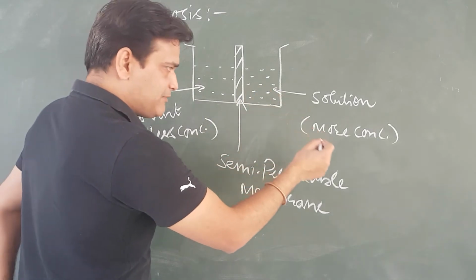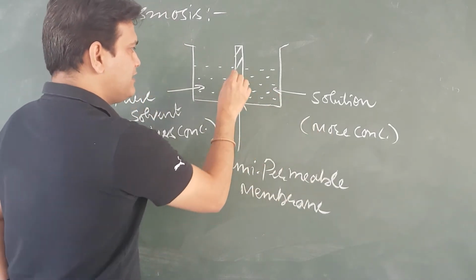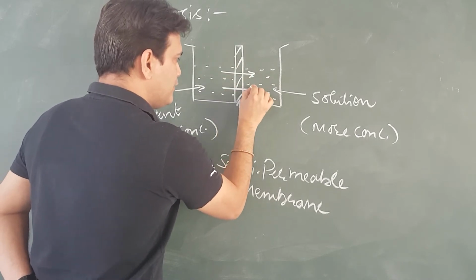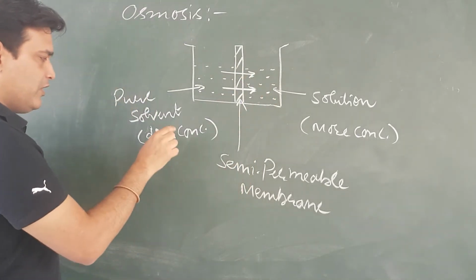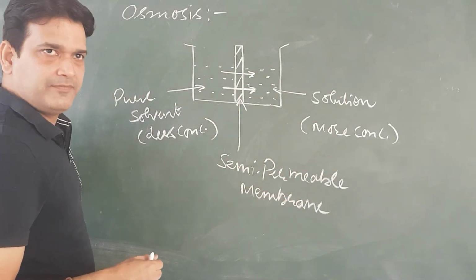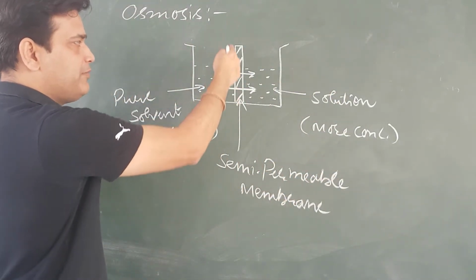So, it has been observed that solvent molecules move from low concentration to high concentration side through this semi-permeable membrane.